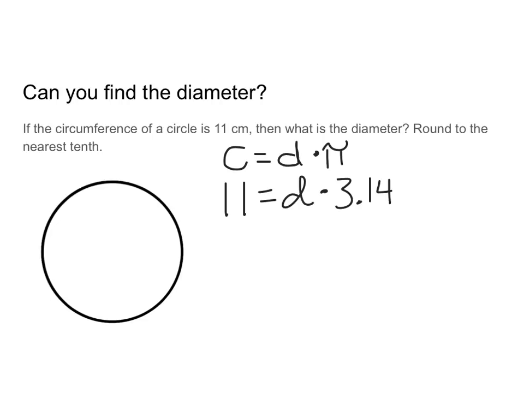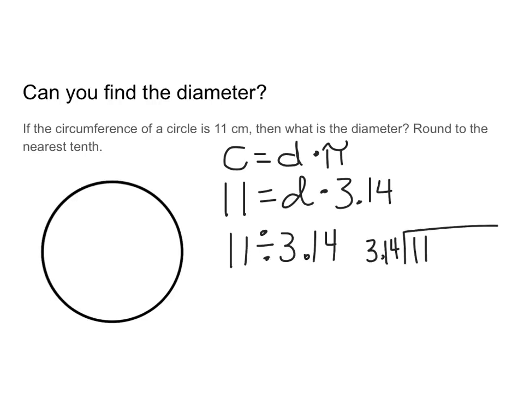So working backwards, it makes sense that I should divide 11 by 3.14. And this is a good little review on how to divide decimals. So I don't want to divide by 3.14. I want to divide by 314, which means I move the decimal place twice.